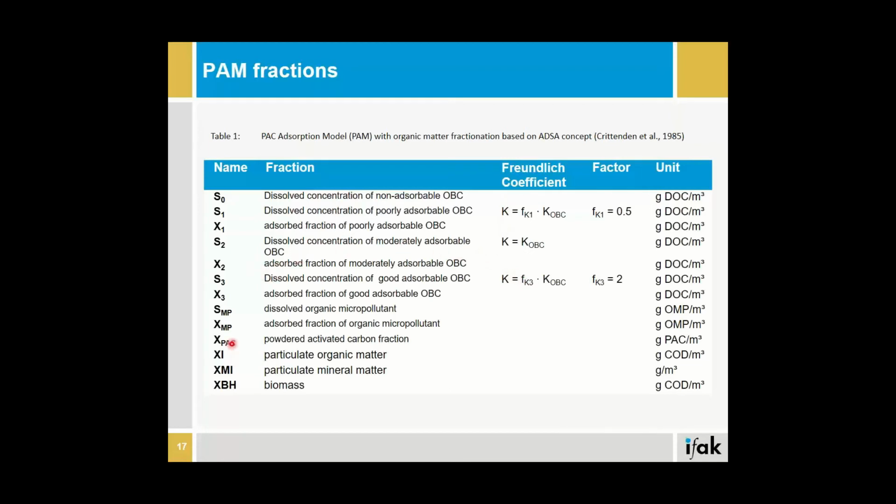At the end here we have only considered 1 micropollutant, and the last 4 fractions represent the PAK concentration and sludge fraction affecting the total sludge content and resulting total sludge production.